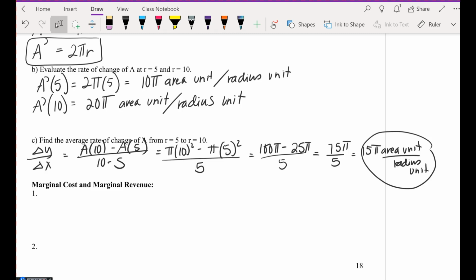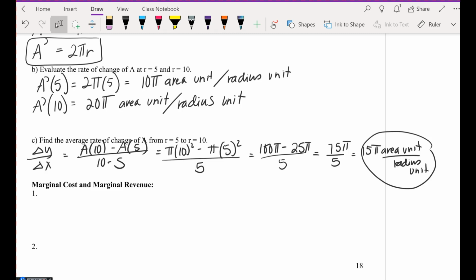The area, what's happening to the area? Some parts may be more steep, as you can see at 10 is quite steep, the change is more significant. Some may not be as significant, but overall, this is the value. So the average means an overall. Any questions on when to use the average and when to use instantaneous?